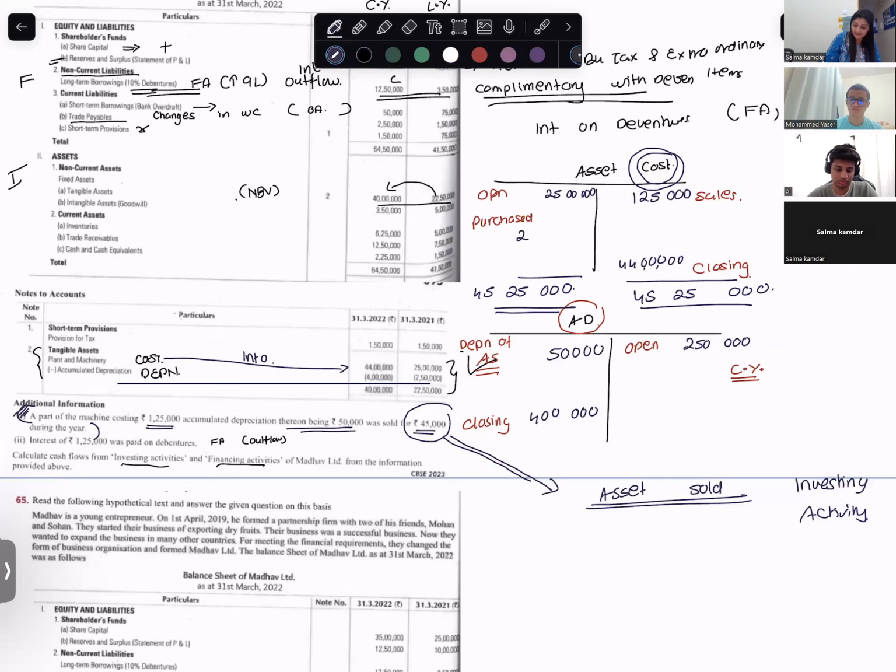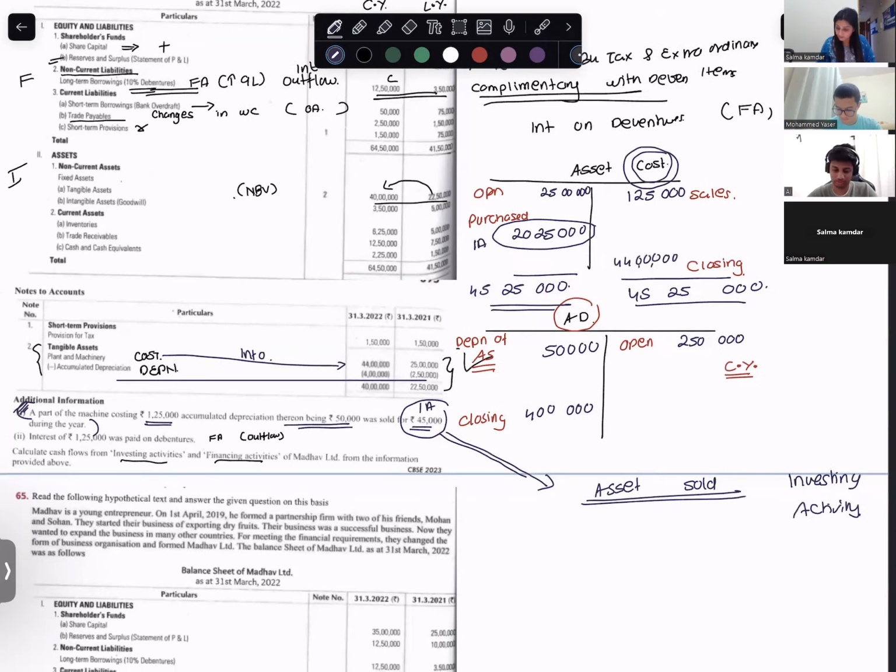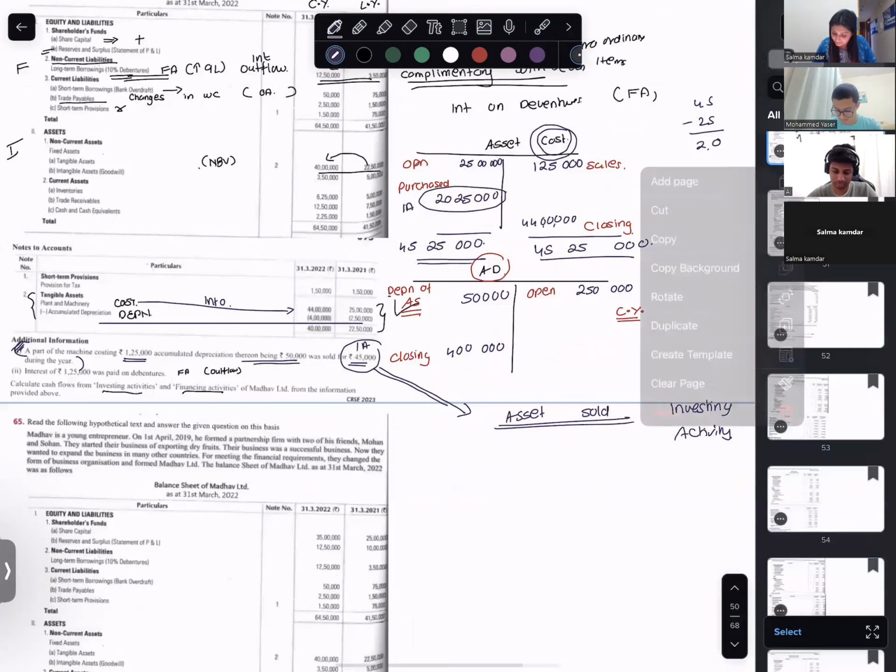So you will get 20 lakh 25,000. Which activity? It's investing activity. Are you with me? Yes, ma'am.